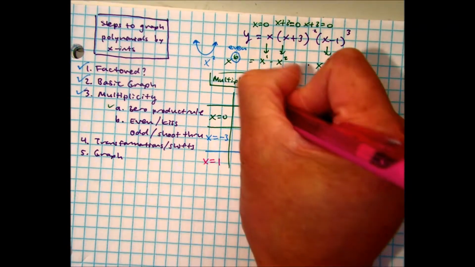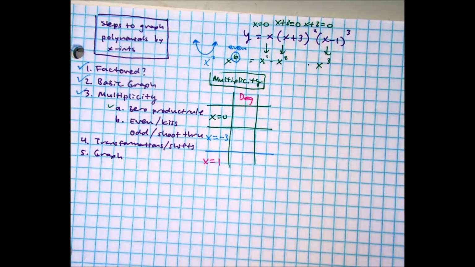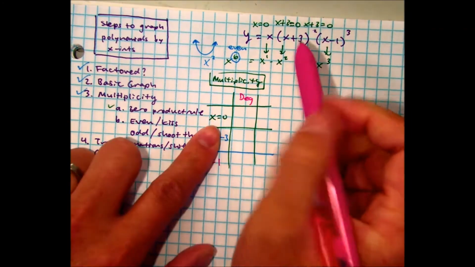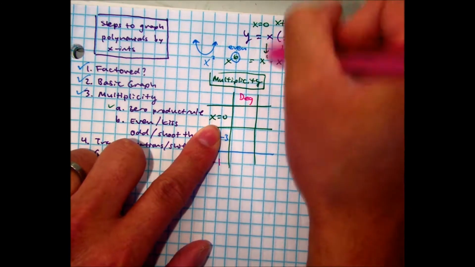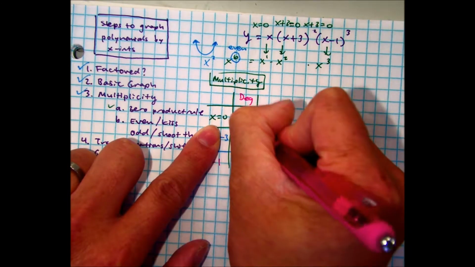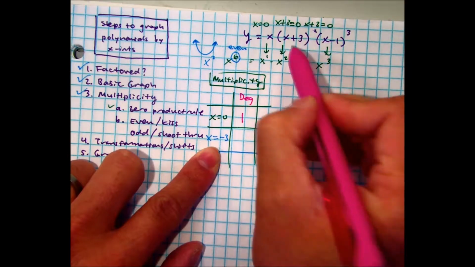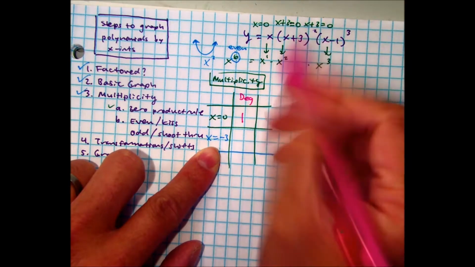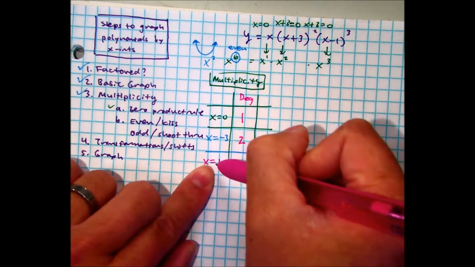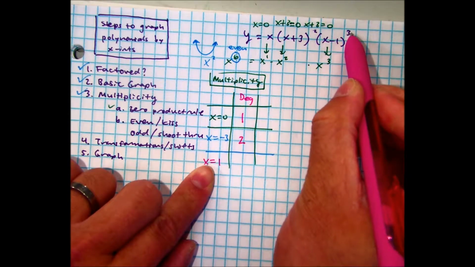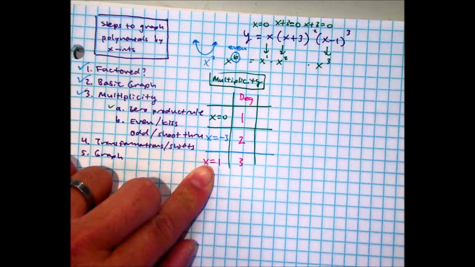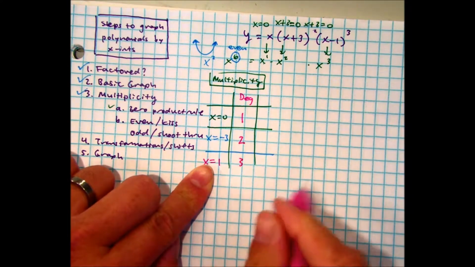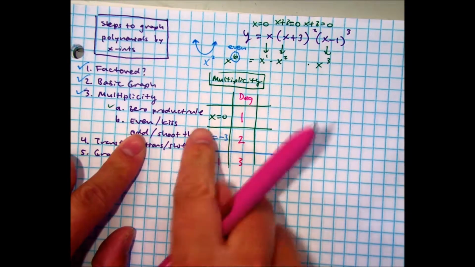So let's go through its highest degree. Here, x is to the first power. We already got that. Here, the highest degree is 2. And here, the highest degree is 3. And then I'm just going to use my chart.